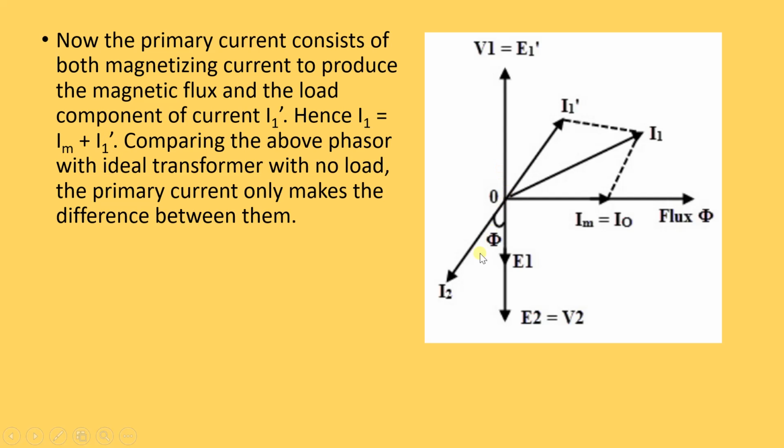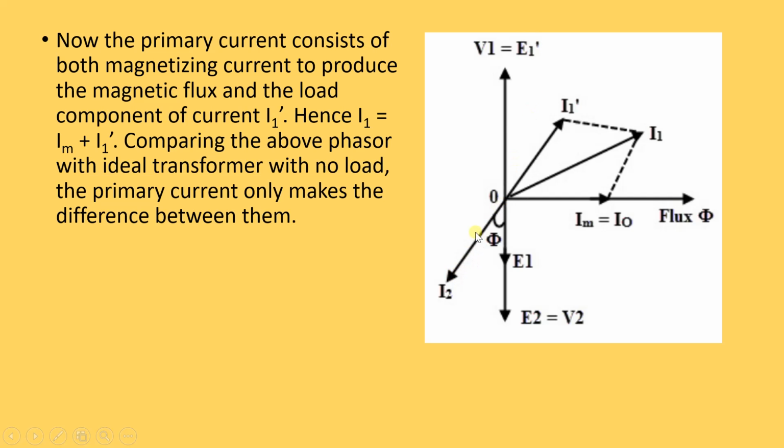So, this is the I2, this is V1, E1, and this is the flux, this is E2, V2, and this is E1. E1 is in the opposite direction of V1, and E1 dash, here we are writing it as E1 dash, or we can write it as minus E1.